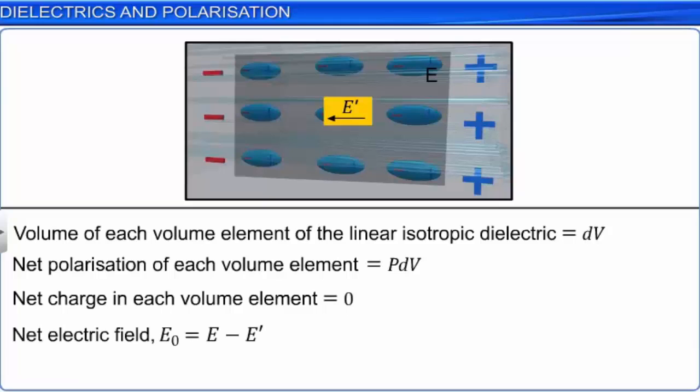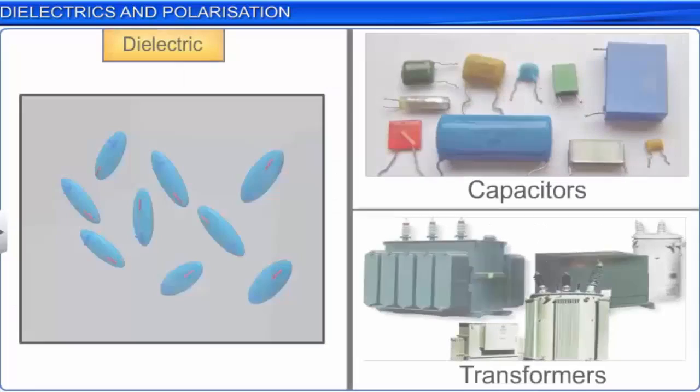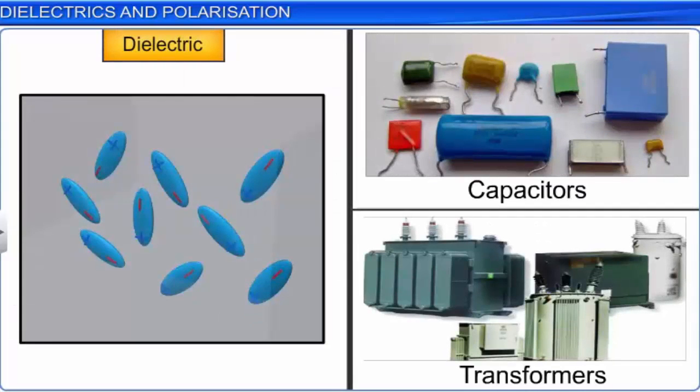Thus we observe that the polarization effect causes a decrease in the net electric field within the dielectric. Dielectric materials, being non-conducting, are useful in many devices like capacitors, transformers, etc., because of their inherent properties.